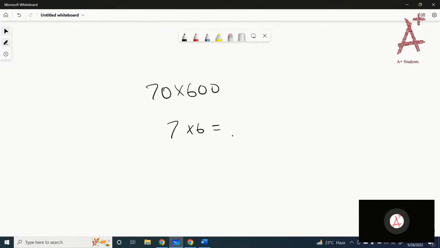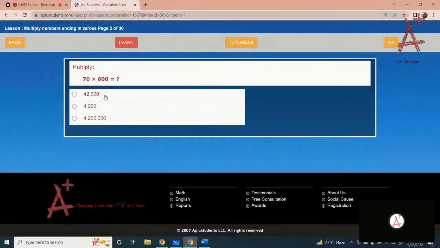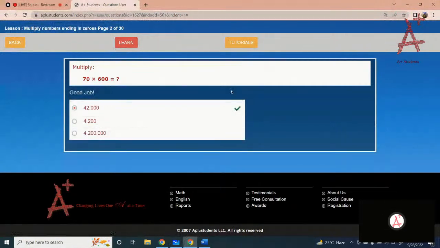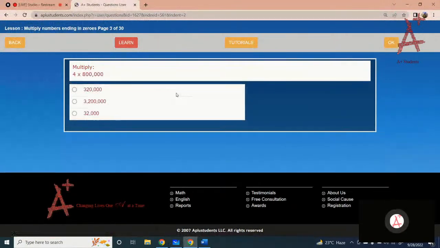So 7 times 6 is 42. And the zeros, you have 2 here and 1, 2 is 2 and 1, 3. Just add 3 zeros. So it makes 42,000. Got it? That's how you multiply the numbers that have the zeros. Just multiply the digits, count the zeros for both the numbers and add the zeros.